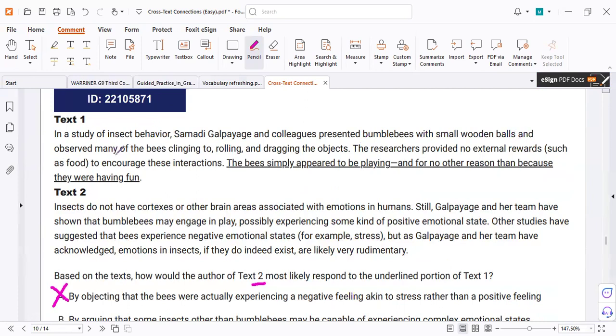"The bees simply appeared to be playing, for no other reason than because they were having fun." So how does text two respond to this point? Let's find the sentence.